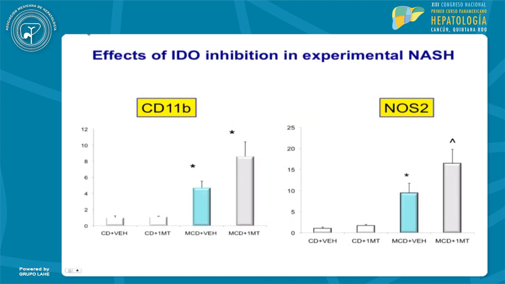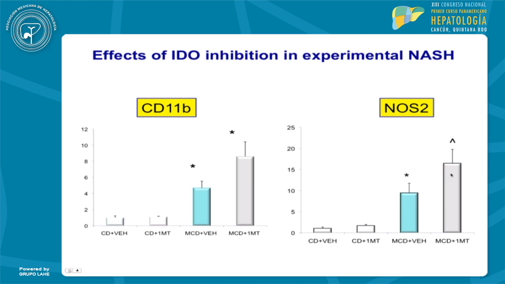And we found that if you have mice that have been treated with a methionine and choline deficient diet, these are the blue column, they increase the number of activated leukocytes. This is obviously known, but these leukocytes are present at enhanced levels when the mice are treated with 1-methyltryptophan, showing that if we inhibit the IDO1, the IDO system, you exacerbate inflammation.